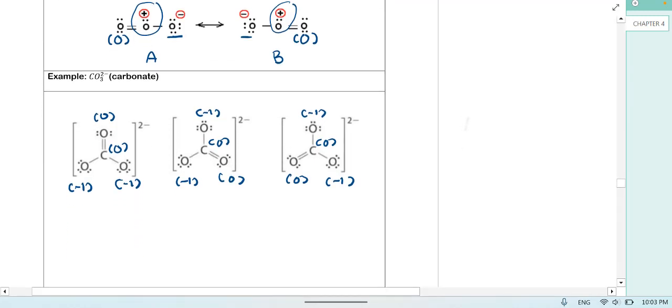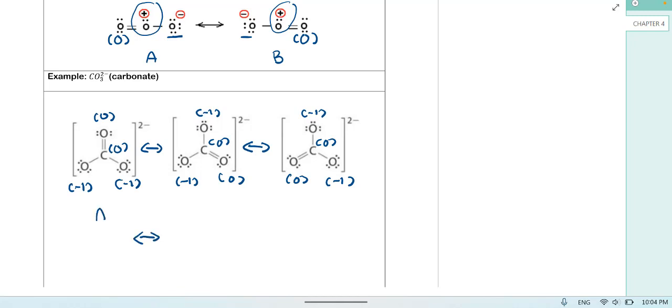Okay. Same goes to the carbonate ion. There are three resonance structures. In between these resonance structures, we use this arrow to show that structure A could become B, could become C, and then turn back to A, turn back to C. So that's why we use this forward and backward arrow.